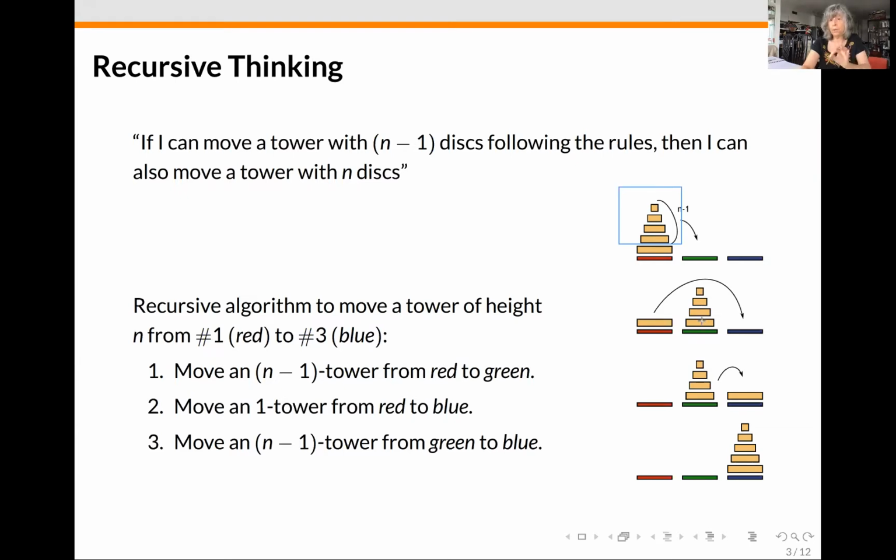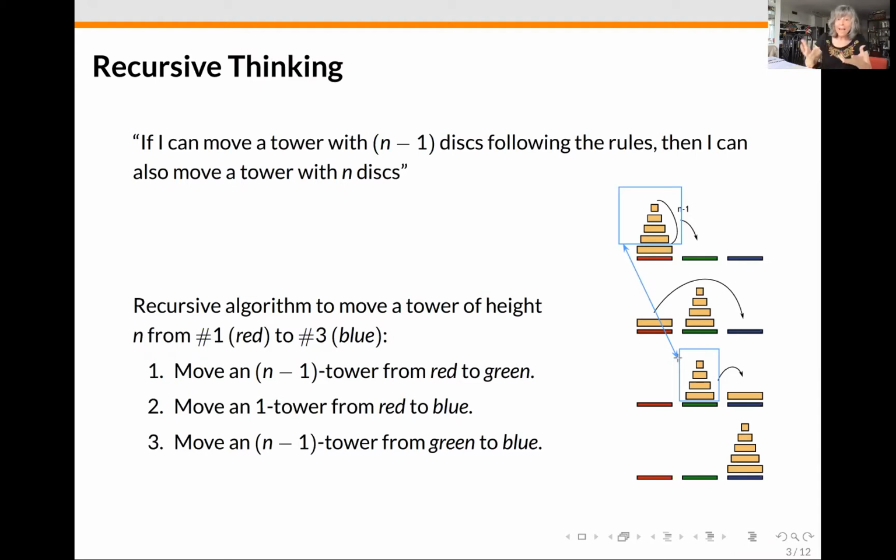Once it is in the green peg, I move the bigger disk into the blue peg, and then I have to move again the tower with n-1 disks on top of the one that I just placed. So the assumption is that we do know how to move these n-1 disks. And that's what I exemplified with the idea of the subcontractors.